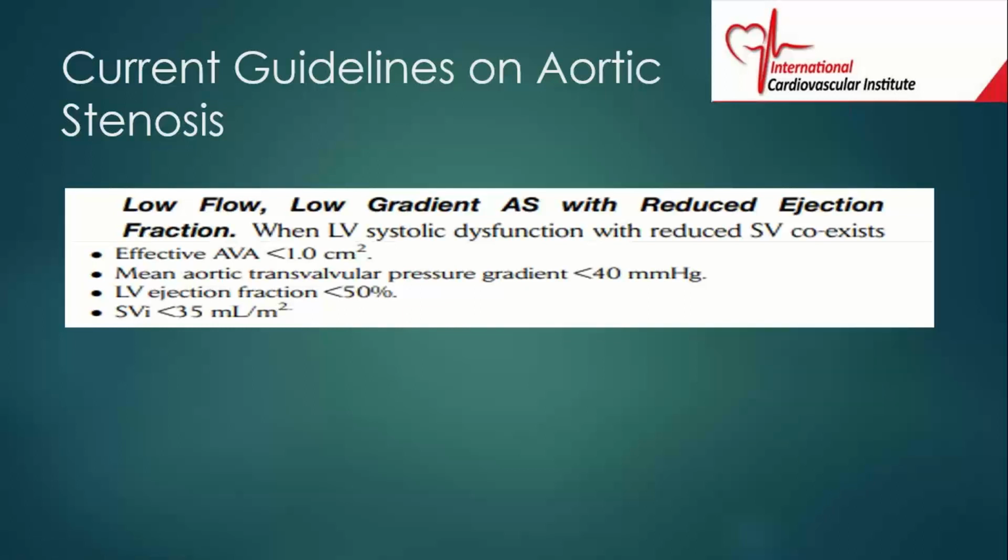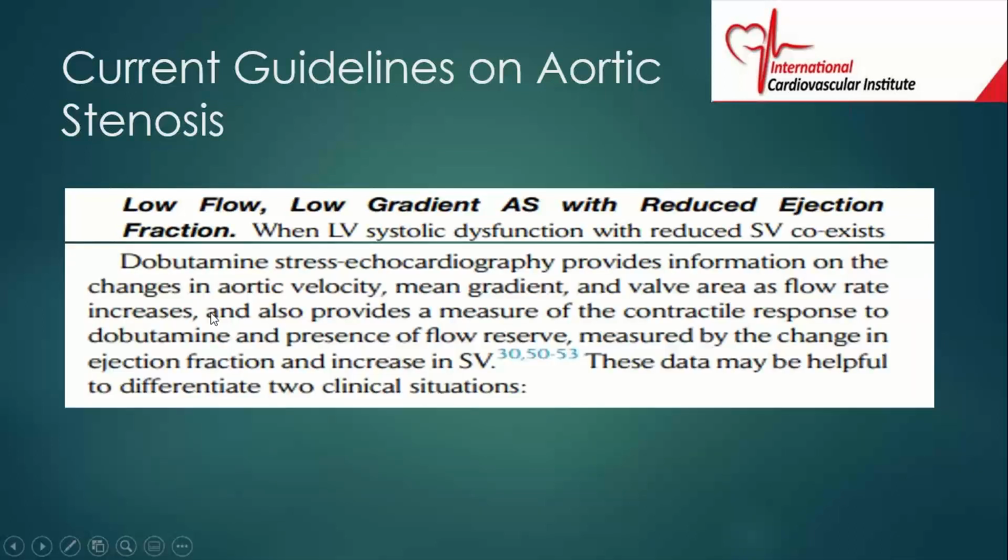This is the diagnosis. Small area, not so significant transvalvular pressure gradient, ejection fraction less than 50%, and the stroke volume, which tells you the amount of blood that's flowing across the aortic valve, is reduced.